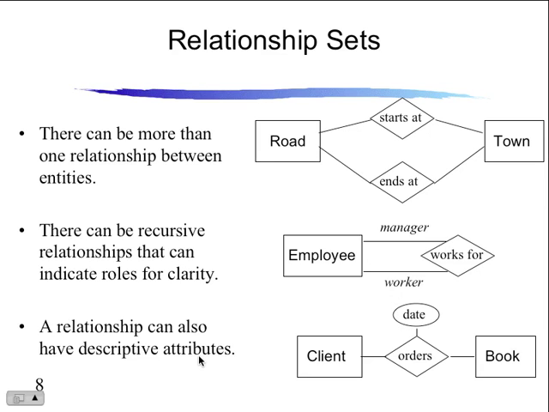And then we also have relationships that can have descriptive attributes associated with them. We don't normally see this in the database class because when we create a database out of this, we pull, in the relationship, we pull attributes from client and book. The focus of this is slightly different though, because we're looking at more of a system, and we have a piece of data that's out here, for the date of the order that was placed.